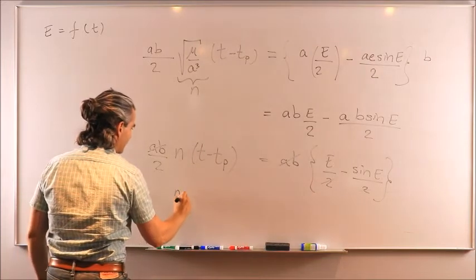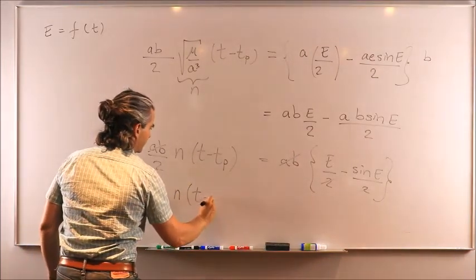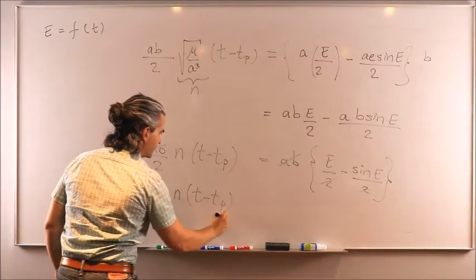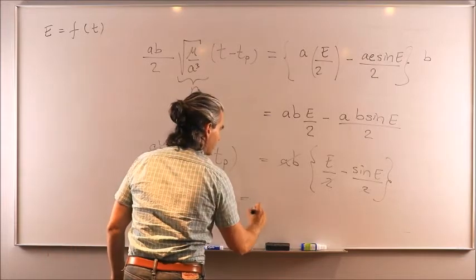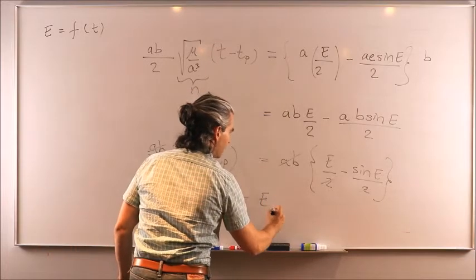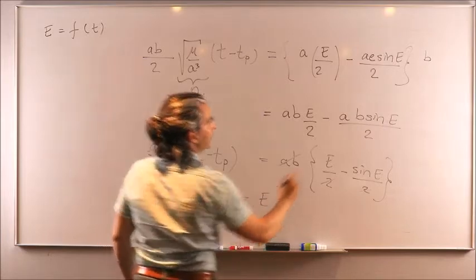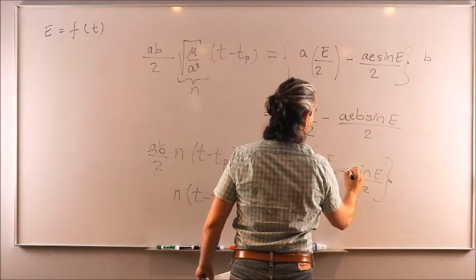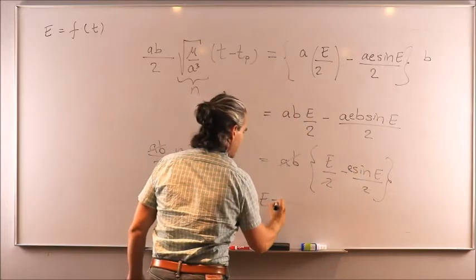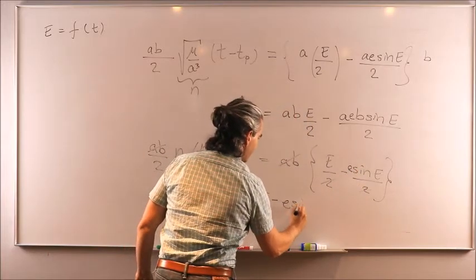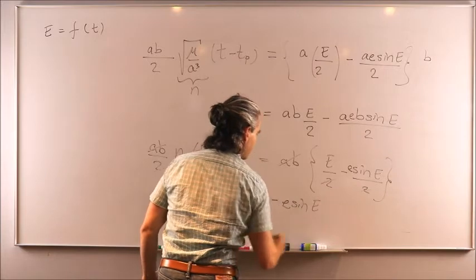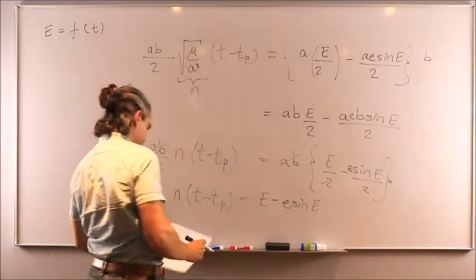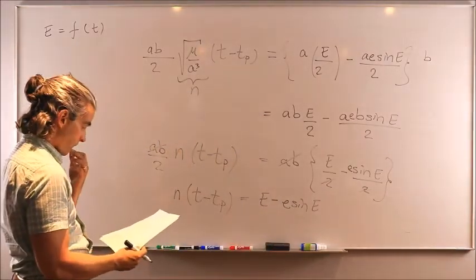Just write n times t minus tP equal to eccentric anomaly. I had an eccentricity missing here. Boom, boom. Eccentric anomaly minus eccentricity times sine eccentric anomaly, and that's it.